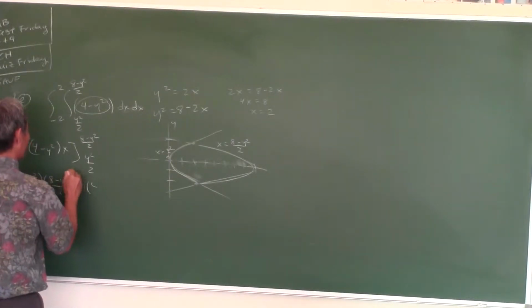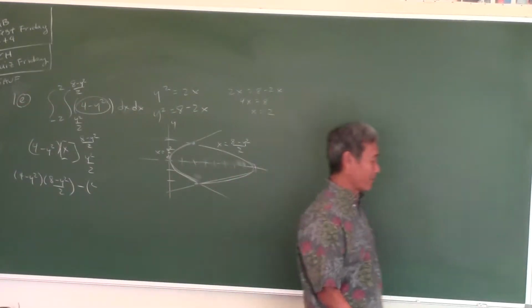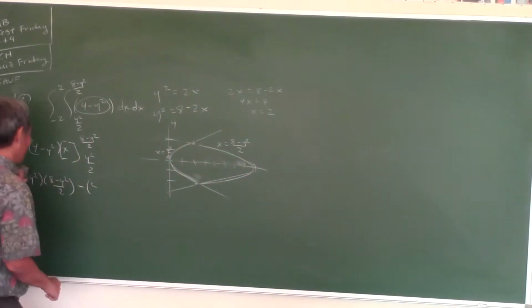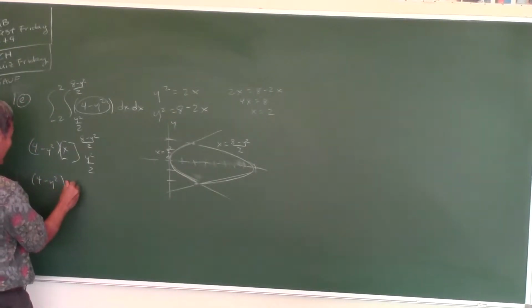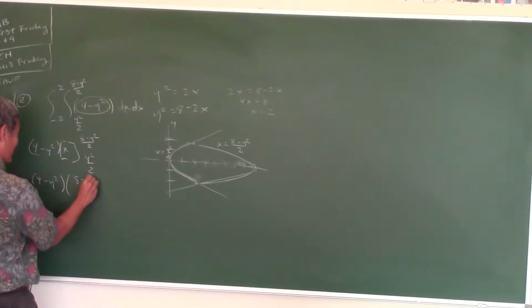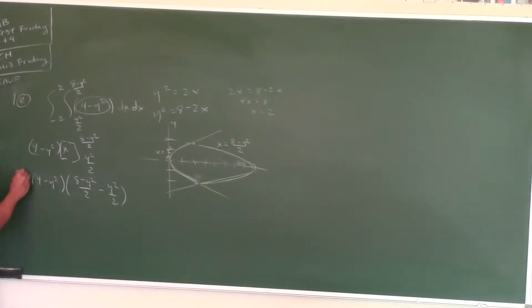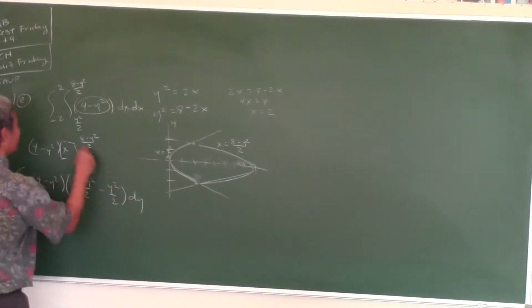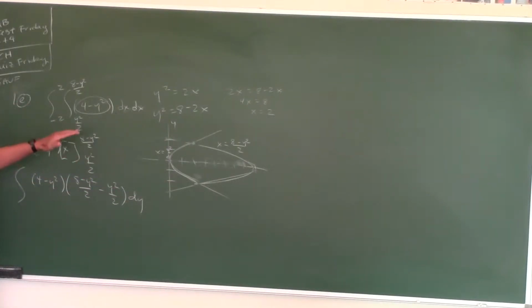Why didn't we factor out the 4 minus y squared? That would have made it a lot simpler. So it's 4 minus y squared times the quantity 8 minus y squared over 2 minus y squared over 2. Now you integrate this with respect to y from -2 to 2, but look at the symmetry. Maybe we should have gone 0 to 2 and multiplied by 2. Okay, whatever. This is it.